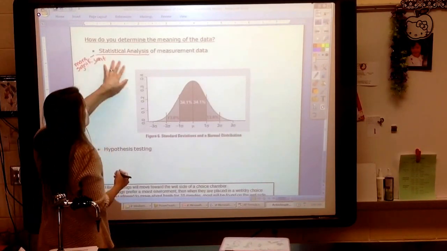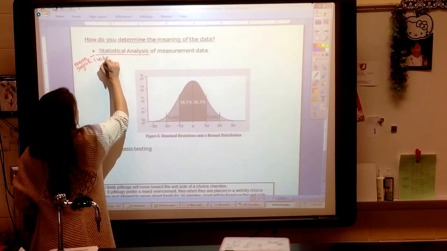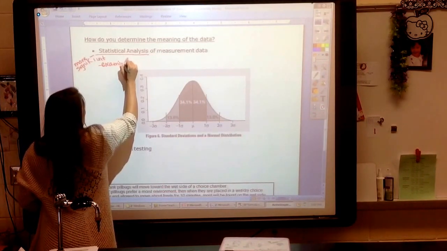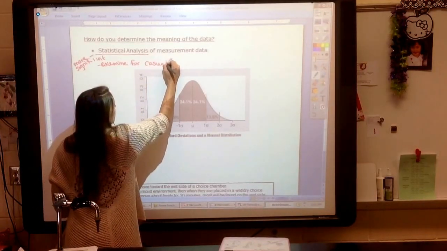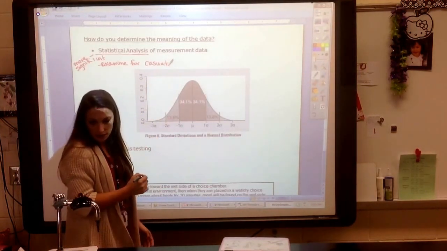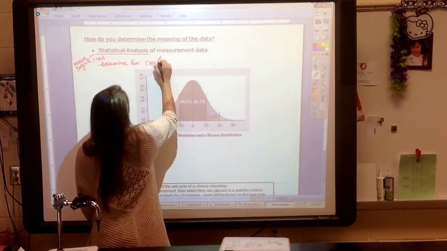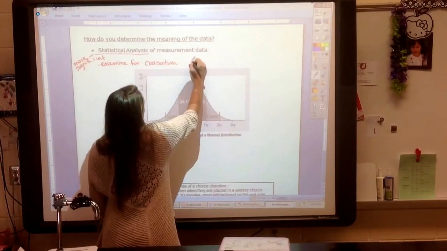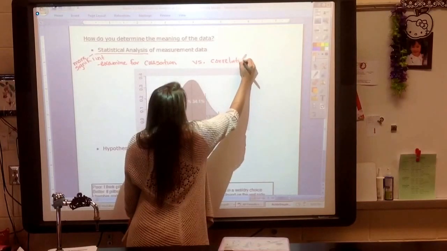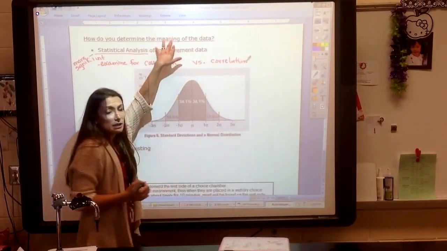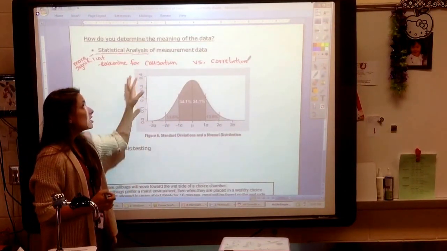And one of the reasons that it does this is that we can examine the data for causation. I just spelled causation. Yep, the U goes first. Causation versus correlation. Now, we can do our best analysis on measurement data, not counting data. So that's something to keep in mind.